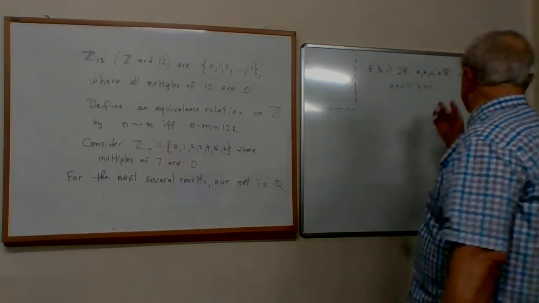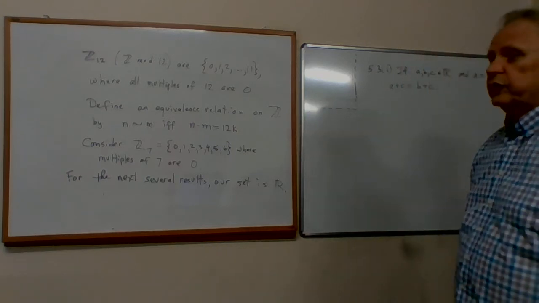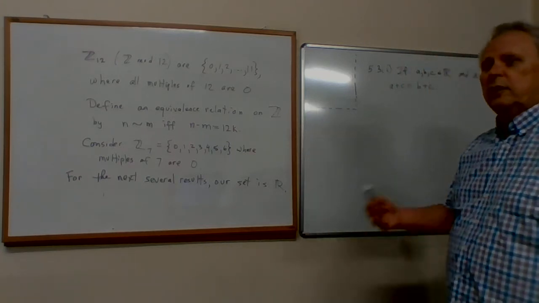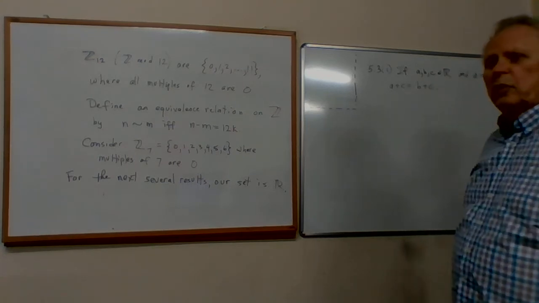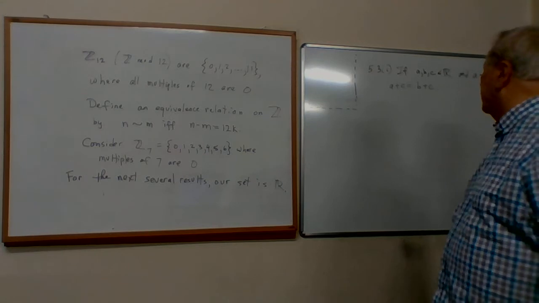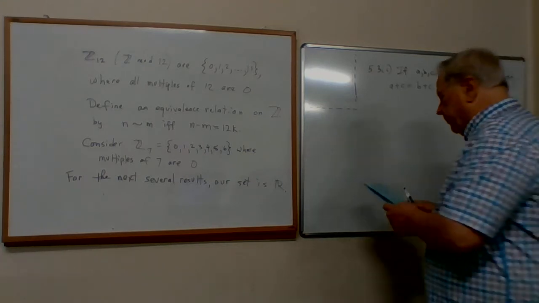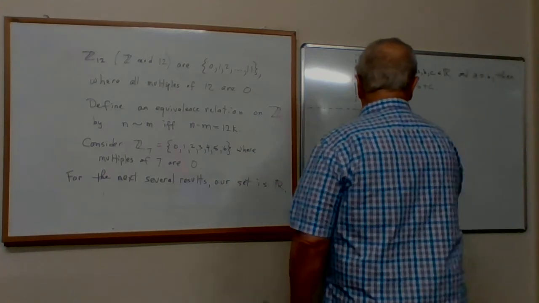But this is something that, you know, some of these mathematical systems could be very strange. In the real numbers, this is always the case. Now it turns out that this is always the case in any ring, but let's prove this.